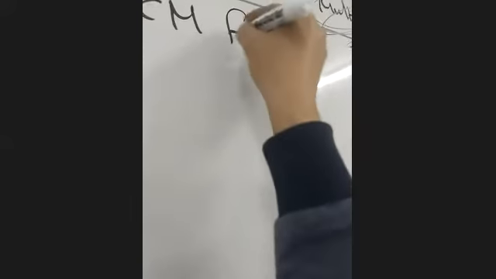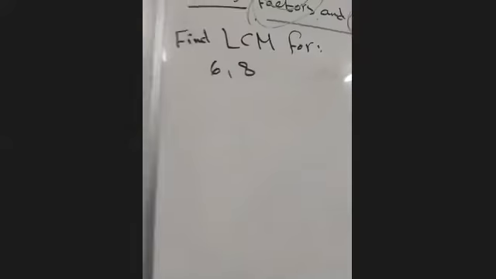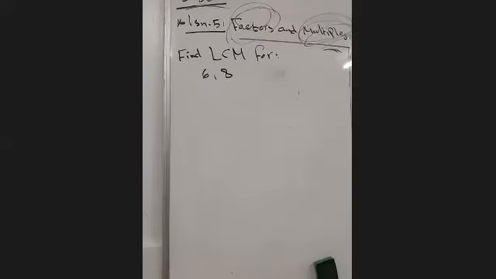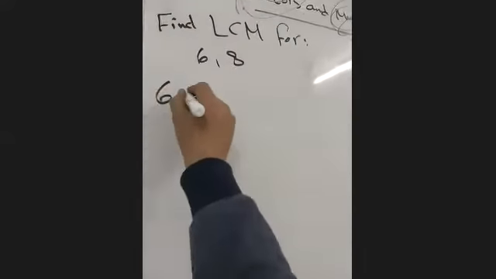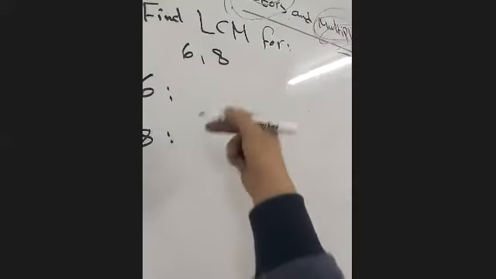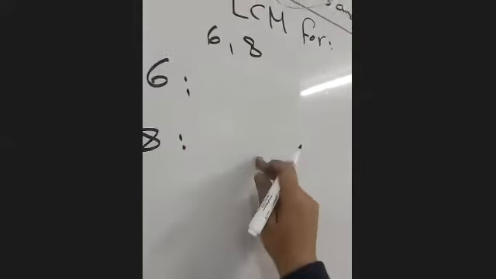I will give you an example. Find the least common multiple of two numbers, 6 and 8. We'll list multiples for each until we find the first common multiple between them.